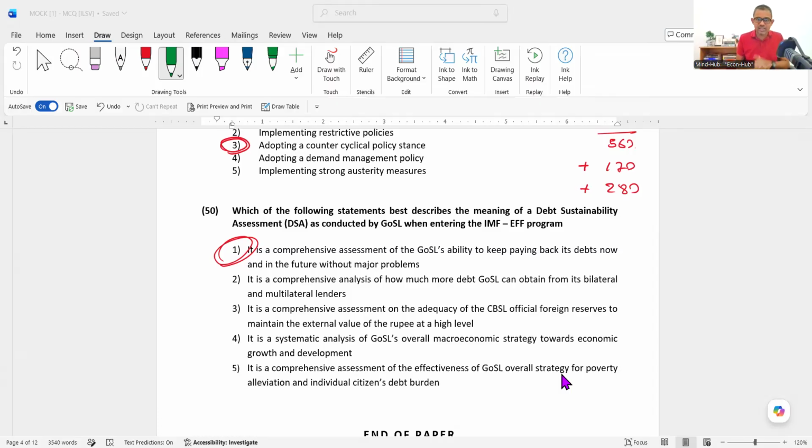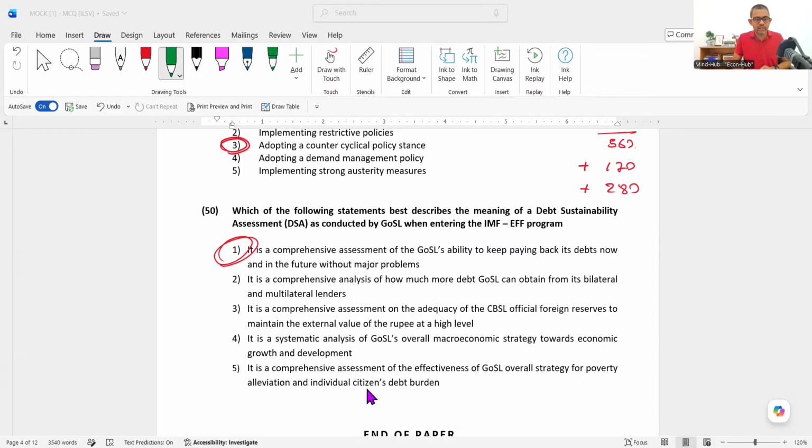This is not a theoretical area, so it's a specific thing. Number 1, it is a comprehensive assessment of the government of Sri Lanka's ability to keep paying back its debt now and in the future without major problems. That is the purpose of doing a debt sustainability assessment, a DSA. Correct answer number 1.